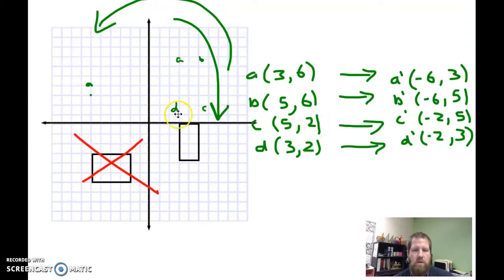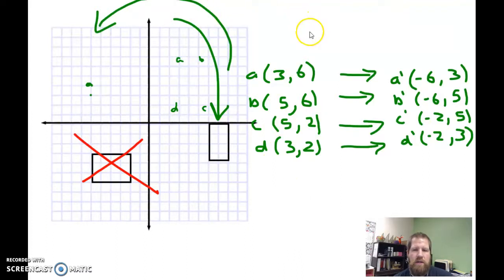These 2's would become -4. And then an increase of, say, 3 for my X value, I would expect this A, which was at 3, to now be at 6. This B, which was at 5, to now be at 8. So that's how you're going to identify a translation.